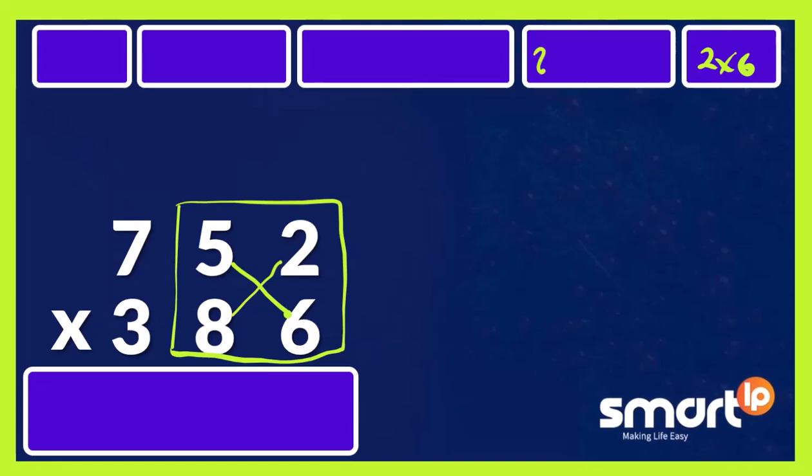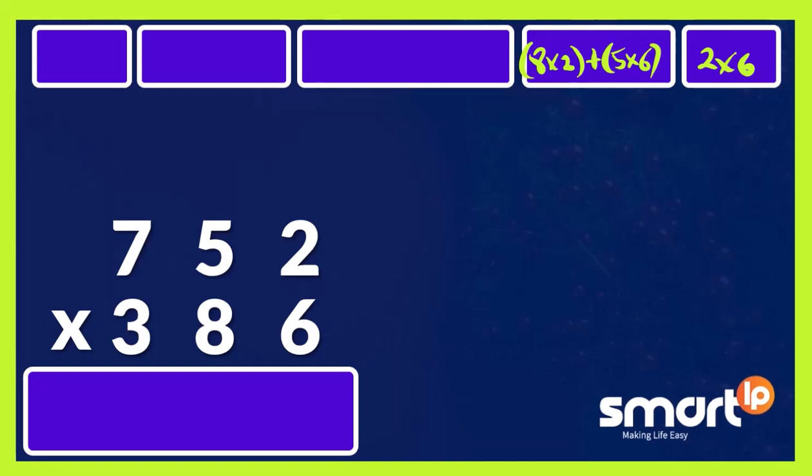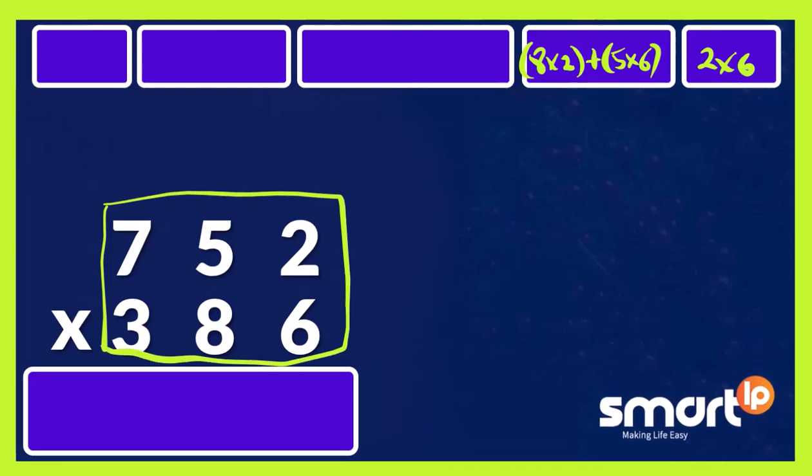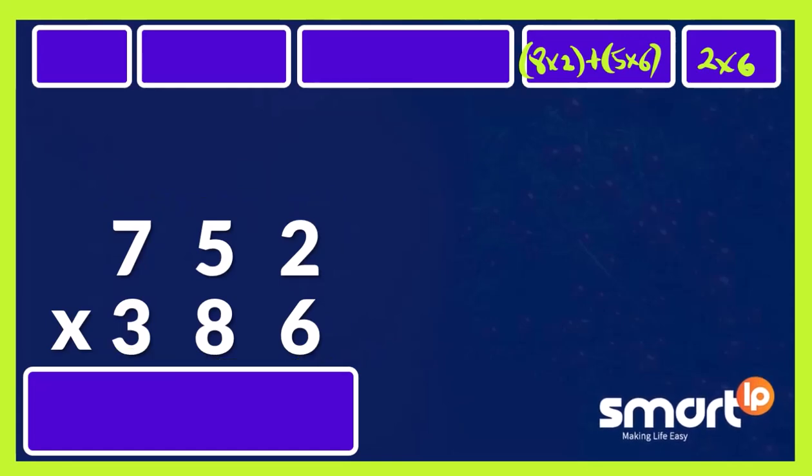So 8 times 2, you are putting that in the fourth box, and you are going to add it to 5 times 6. The next thing we need to do, since we are dealing now with all the digits, is this.